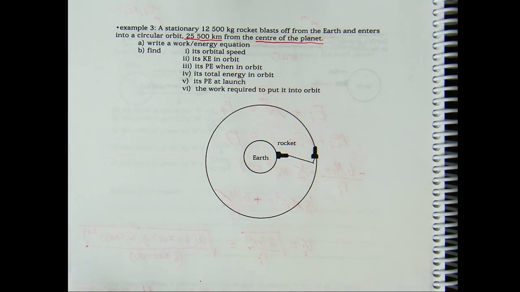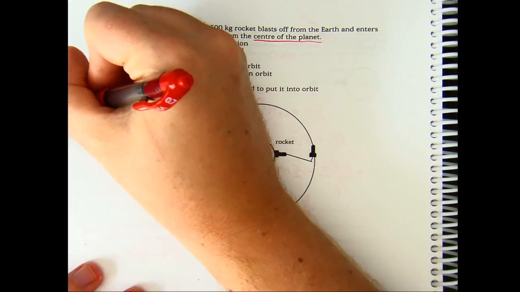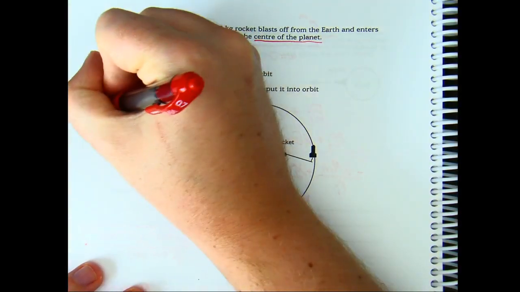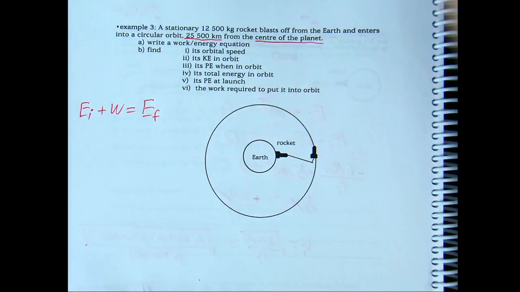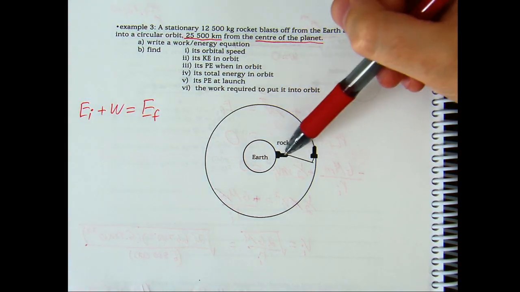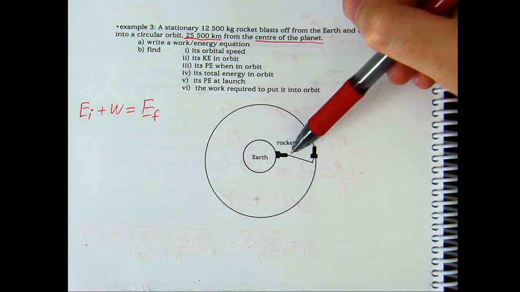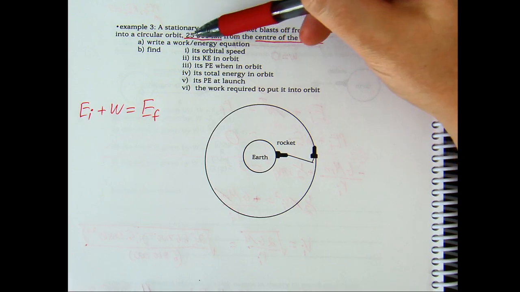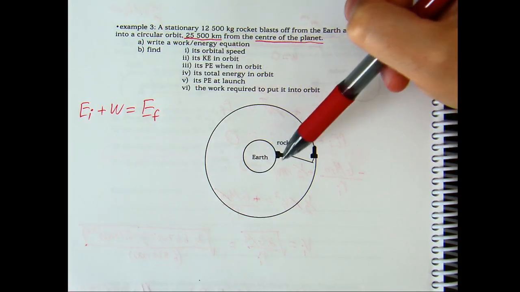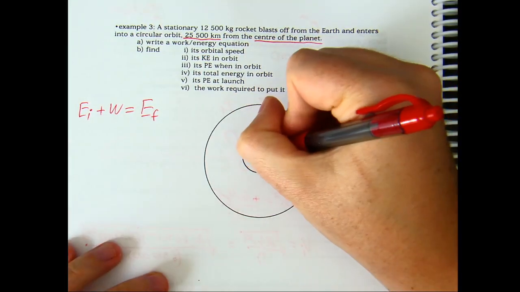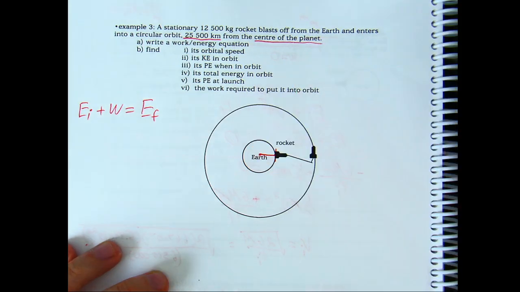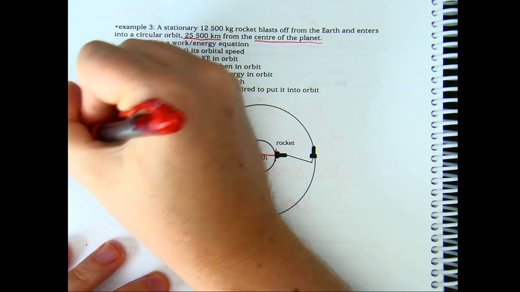So here we go. We've got energy initial plus work equals energy final. And now we want to take a look at what's actually going on here. This thing starts stationary, a stationary rocket. So the energy initial here is only potential energy. It's only got some potential energy because it is some distance from the center of the planet.